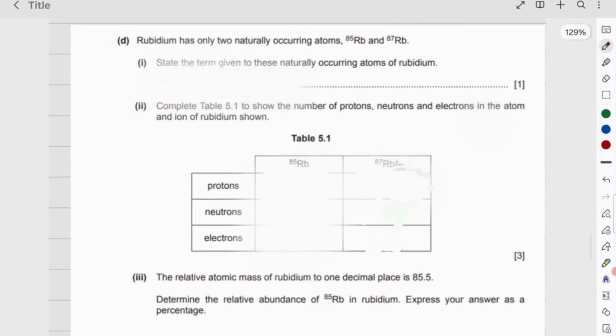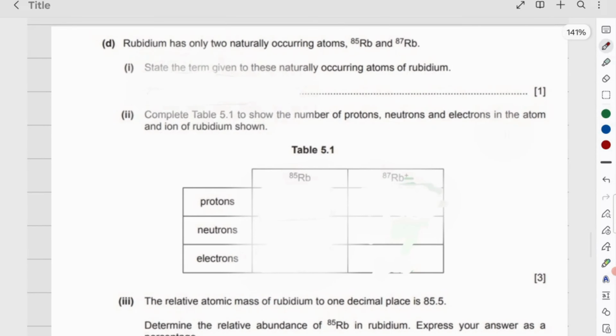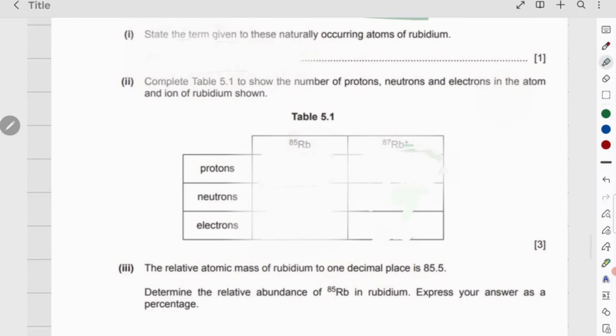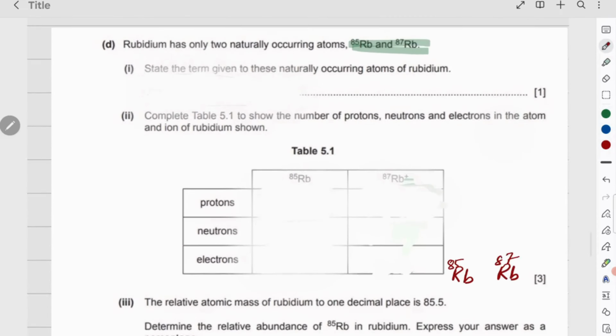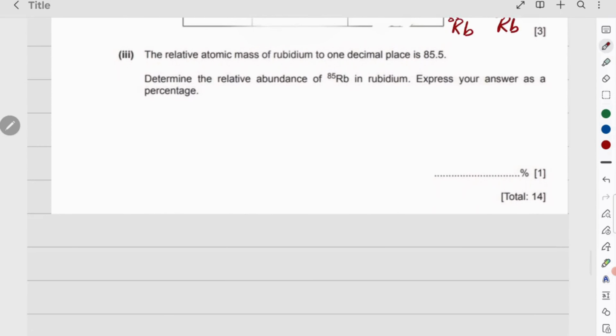So the next question is: rubidium has only two naturally occurring isotopes, 85 and 87. These are the isotopes basically, with 85 and 87. Protons, electrons, neutrons we do not require here. We have rubidium with atomic mass 85 and rubidium with 87.